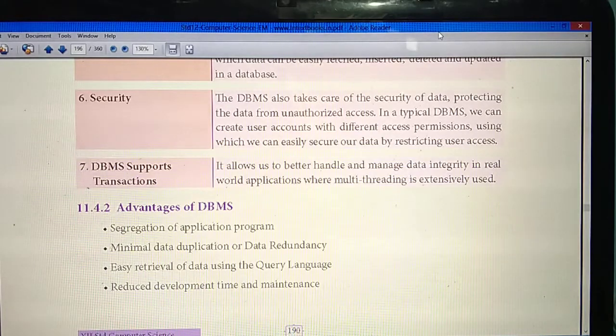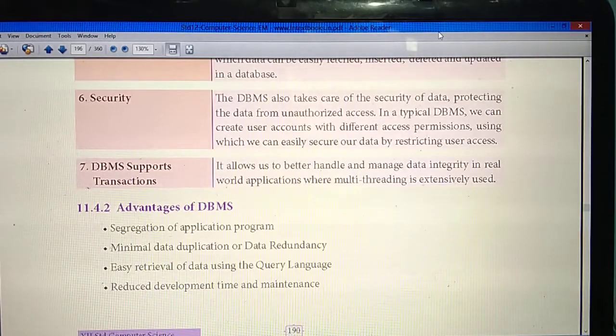So you can handle or manage the data. Who is handling this management and handling? Database management system. Okay. So here the multi-threading concept is used. What do you mean by multi-threading? At the same time, 2 or 3 processes can run.